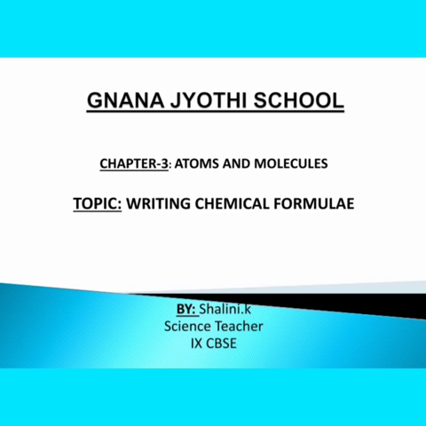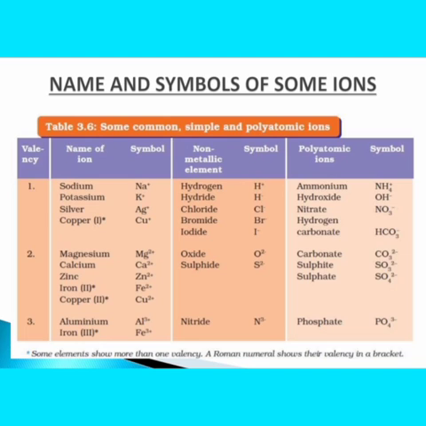We shall start. Coming to names and symbols of some ions, I'll let you know what ions are in a further session. Here in the table you can see 4 columns, where you can see valency, and I'll let you know what valency is, the name of the ion and the symbol of that ion, and you have non-metallic elements and polyatomic ions, and their symbols.